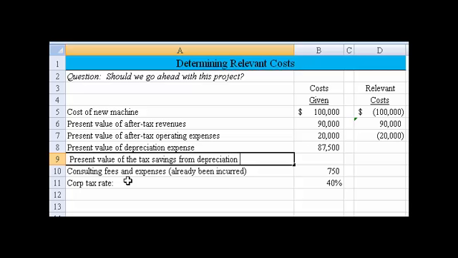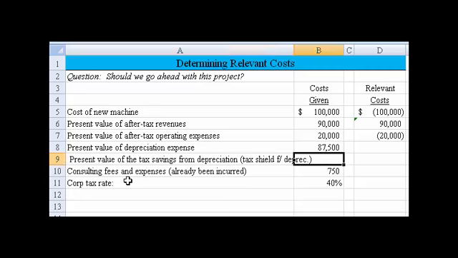A lot of times this is called the tax shield, or the tax shield from depreciation, and I'm going to abbreviate a little bit. What we would need to take is the 87,500, that's the present value of the depreciation, times the corporate tax rate that applies. And what that tells us is that we have a tax shield from depreciation of $35,000.